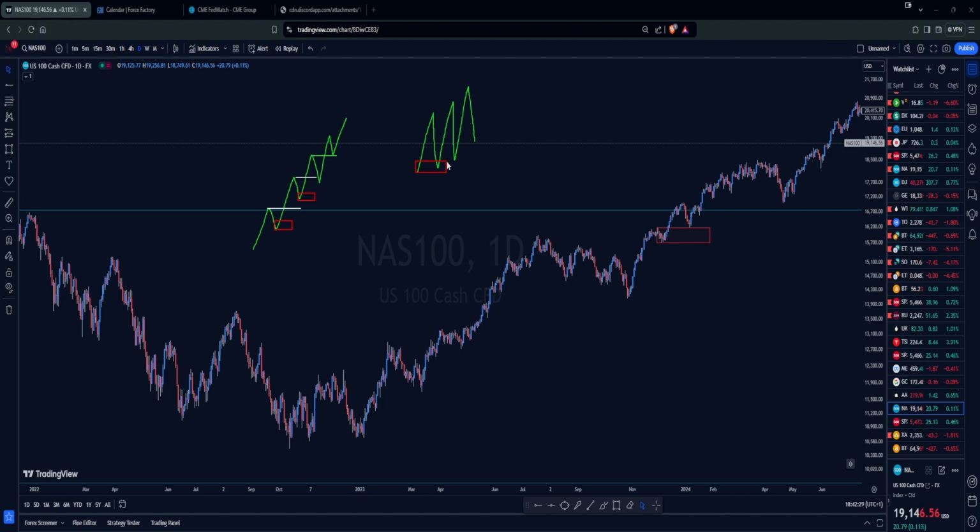Before that, it was literally just the buyers in control and managing to create new highs. The buyers are still managing to break new highs, but now with a much deeper retracement all the way back into the previous level of demand, which means that slowly price is starting to show some weakness. And then this eventually takes us into the manipulation phase.